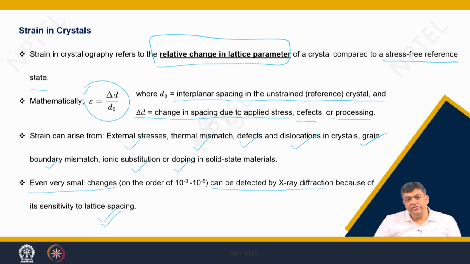So, if strain changes the atomic positions, the volume, the size, the lattice parameters, the broadening, the shape of the profile, all these things can be very critically monitored using X-ray diffraction.